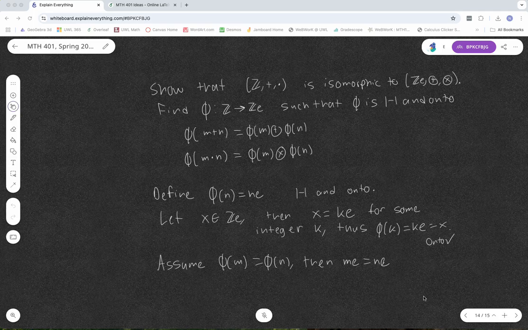And then there was a theorem that says if m and n are distinct, then... where is that theorem? Here it is. Hold on, let me bring it in quick.